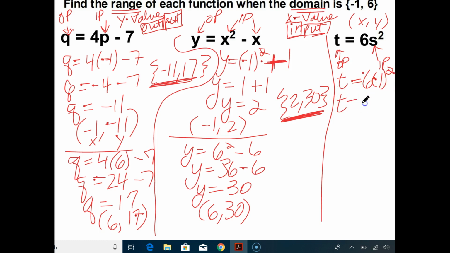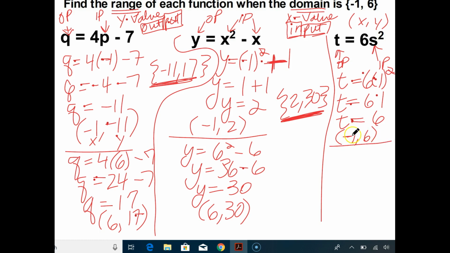So T is equal to 6 times 1. 6 times 1 is 6. So if I were to write this as an ordered pair, my ordered pair would be (-1, 6).